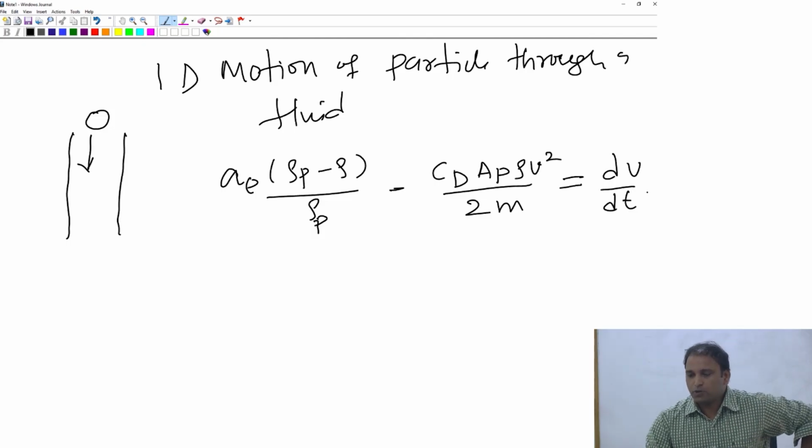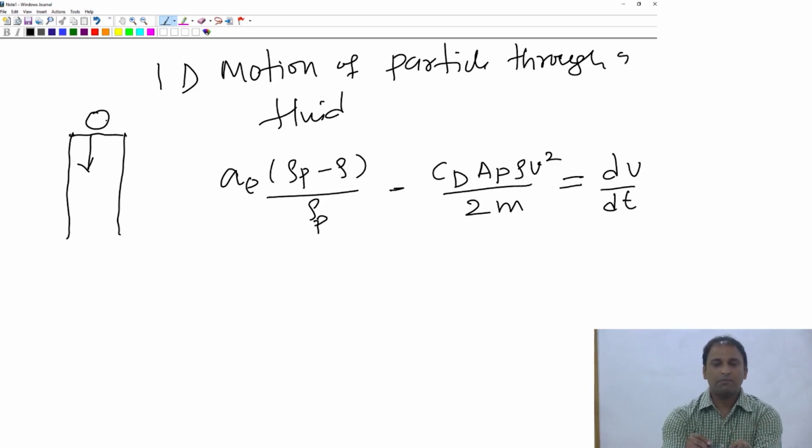Now, if you want to simplify this further, before we do that, as soon as the particle is dropped into the column, you start with the particle being at rest. Once you drop it, it accelerates, and this acceleration dies down soon because of the drag force acting on the particle.